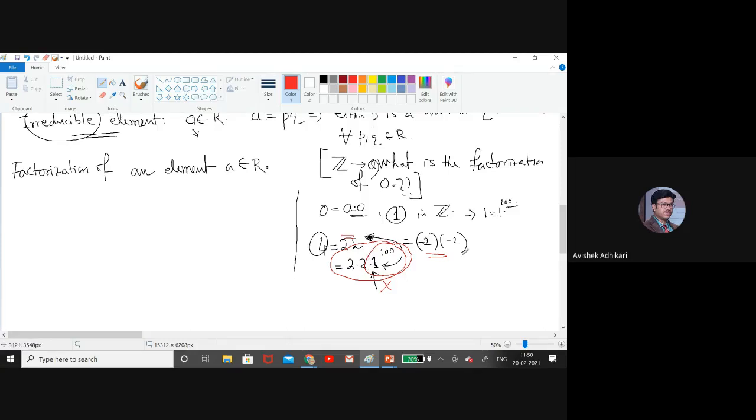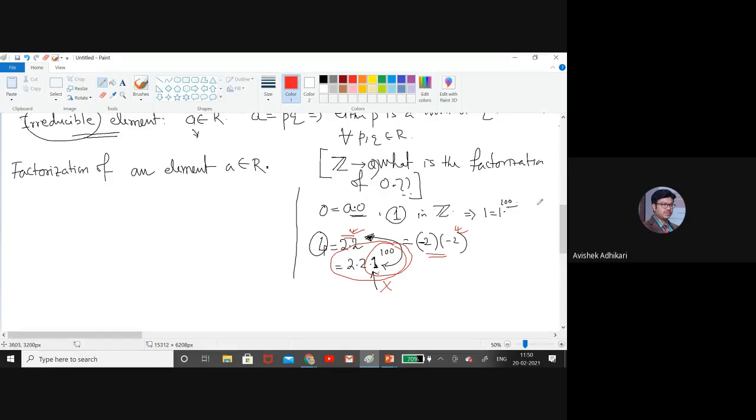But here you are convinced that they are correct, since they are not units. Then I have two different factorizations of 4: 2 into 2 and minus 2 into minus 2. Both of them are 4, and according to your intuitive idea, both of them are valid.